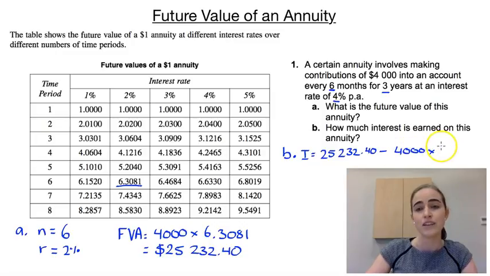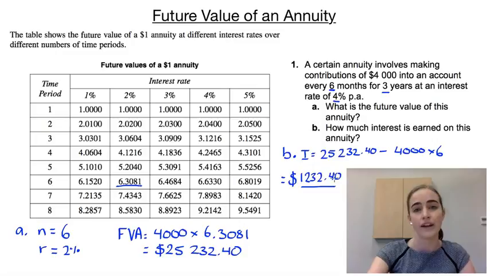So we invested $4,000 6 times. If you pop it all in your calculator, you should end up with $1,232.40.